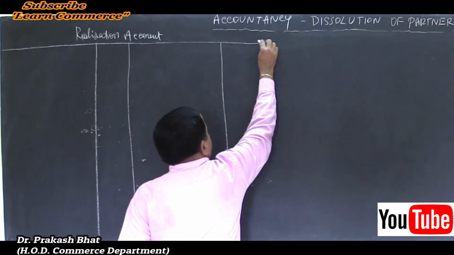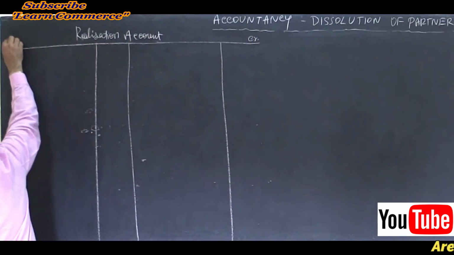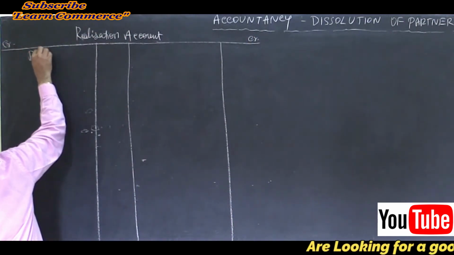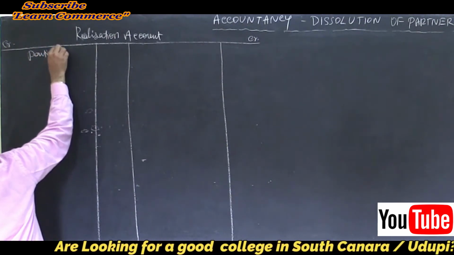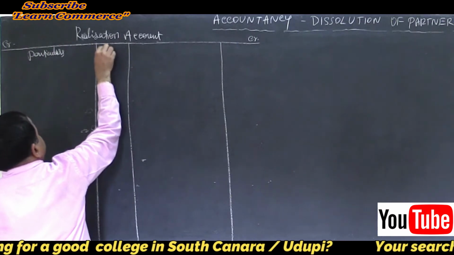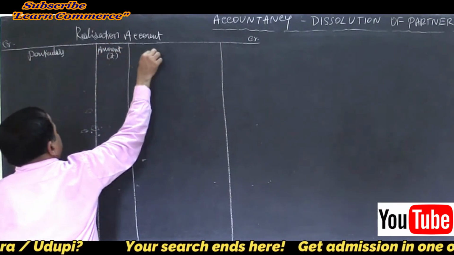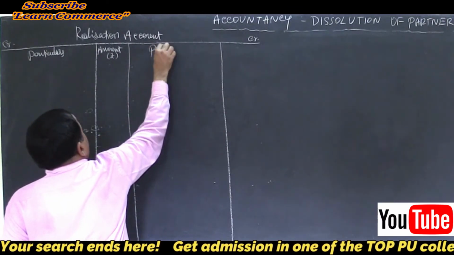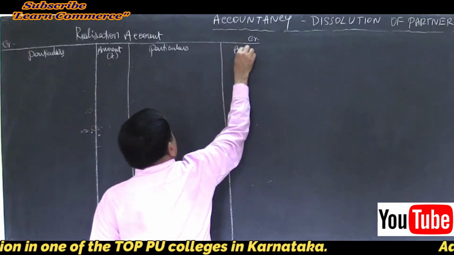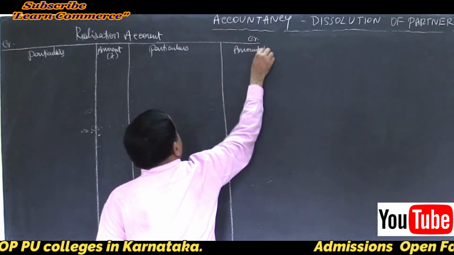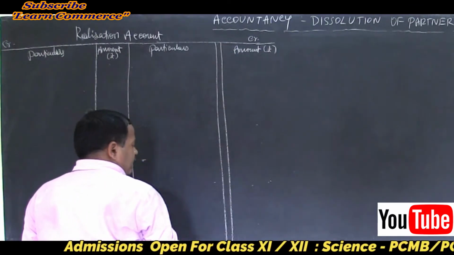Yes, debit, credit, particulars, amount in rupees, provide for JF column also, particulars, amount in rupees. Provide for JF column.